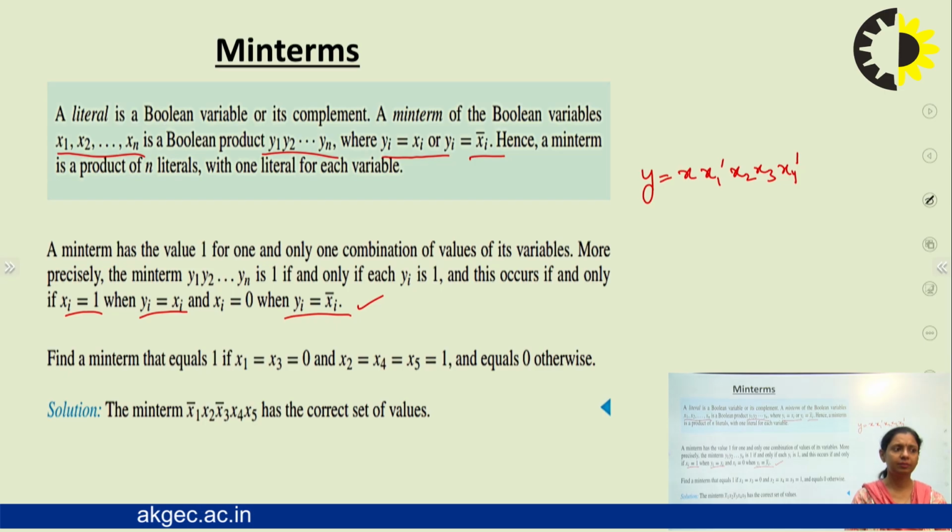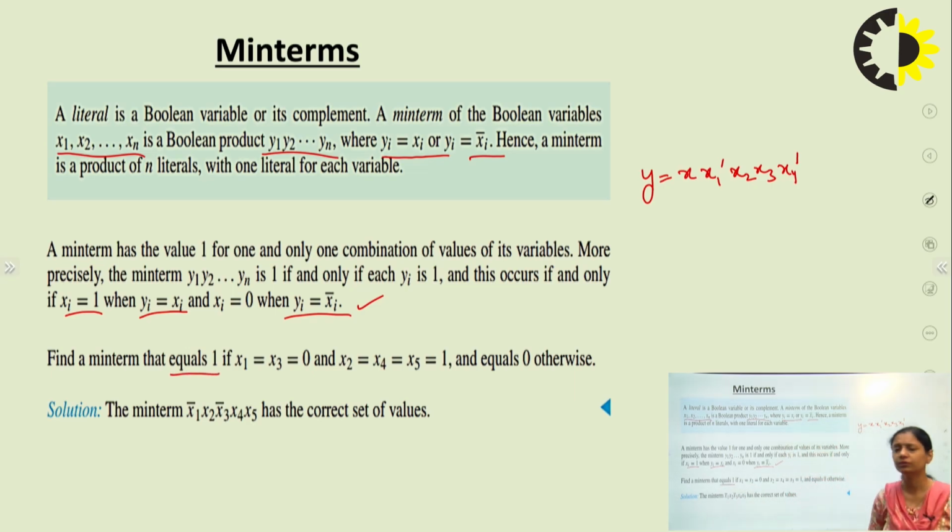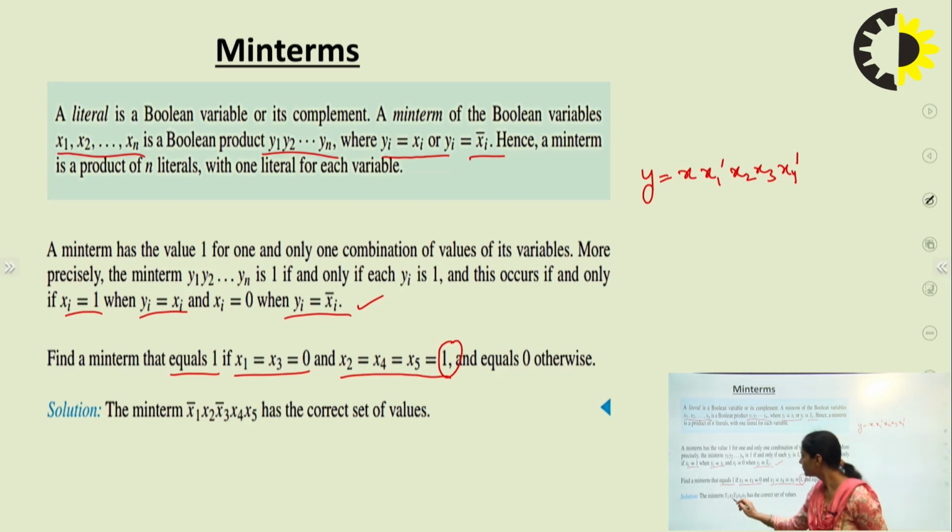So if I talk about a question where we need to find out the min term which is equal to 1 in the cases where x1 is equal to x3 equal to 0, that is one thing, and x2, x4, x5 is equal to 1. So wherever we have the value 1, we'll take the variables as they are. So we have x2 here, x4 here, and x5 here as 1.